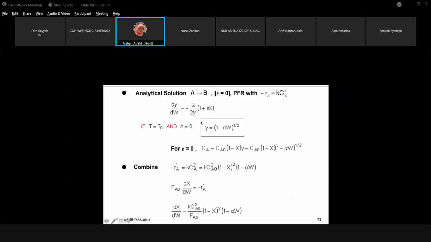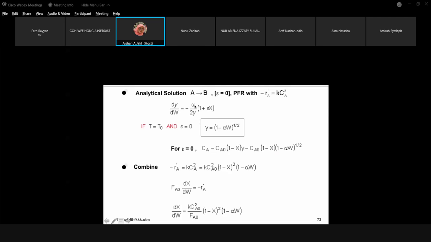For example, negative rA equal kCA power 2. So if T equal T naught and epsilon is 0, this one becomes like this. Can you accept that one? Ni 0, so it disappears.